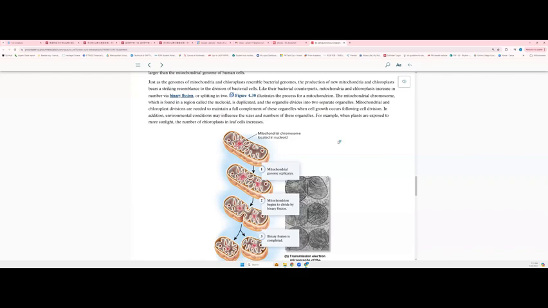And besides, the environment may influence the size and numbers of these organelles. For example, when plants are exposed to more sunlight, the number of chloroplasts in leaf cells increases.